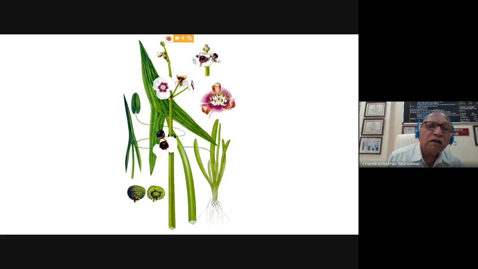Now at the bottom left side, you can see the structure of the carpels, the arrangement of carpels on the conical thalamus, as well as the nature of the fruit. And from this figure, you will really recognize that this is a typical gynoecium which is found in the family Magnoliaceae.